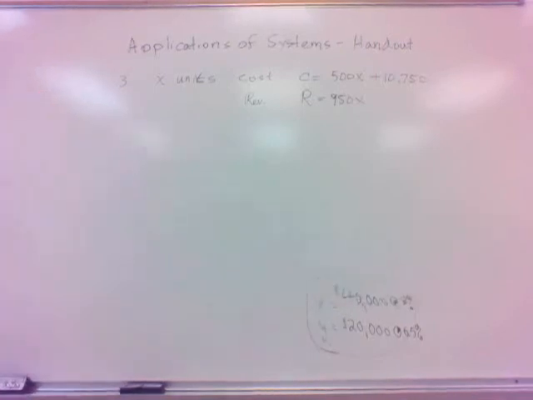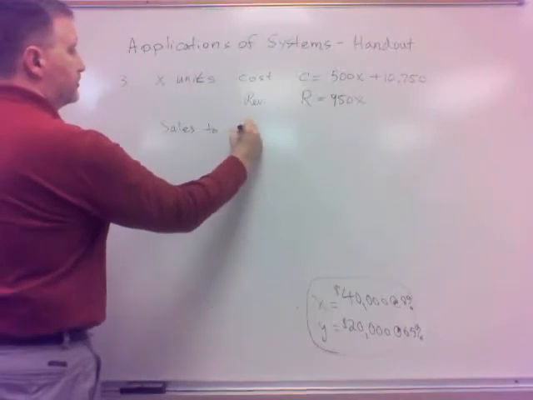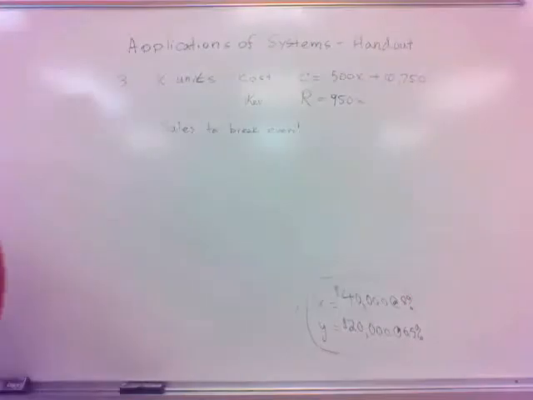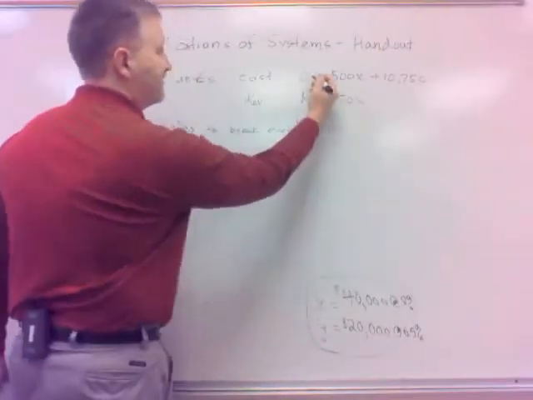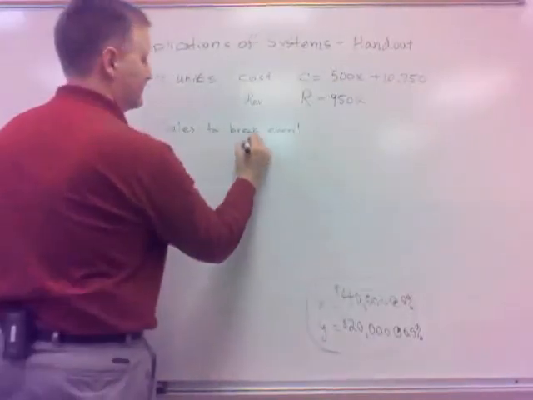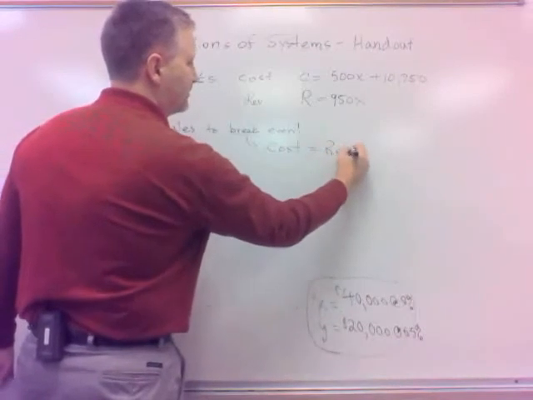Find the sales necessary to break even. Well, what we're wanting there, of course, is when we break even, the cost and the revenue, what would be true about that? They would be equal, yeah. Our cost would exactly equal our revenue.